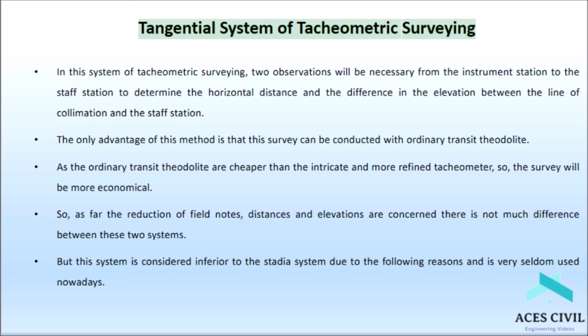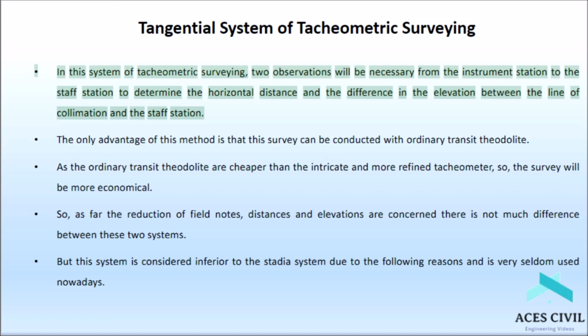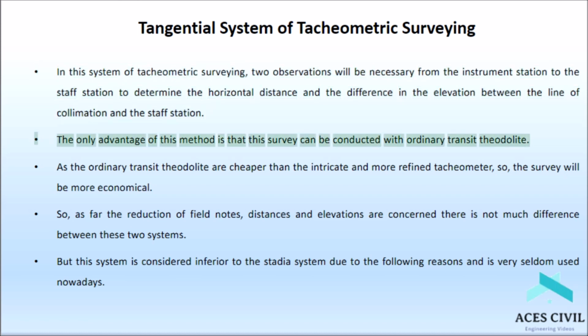Tangential system of tacheometric surveying. In this system, two observations are necessary from the instrument station to the staff station to determine the horizontal distance and the difference in elevation between the line of collimation and the staff station. The only advantage of this method is that the survey can be conducted with an ordinary transit theodolite.